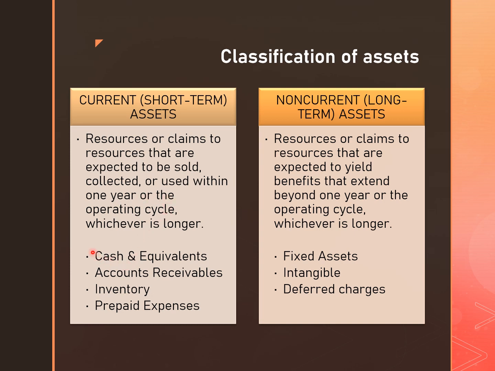Okay, so example of current asset adalah cash and cash equivalent, account receivables, inventory and also prepaid expenses. Next adalah the long-term asset, which is the resources or claim to the resources that are expected to yield benefit that extend beyond 1 year. And then the example would be the fixed asset, intangible and also deferred charges.